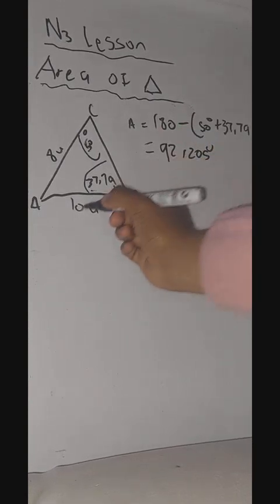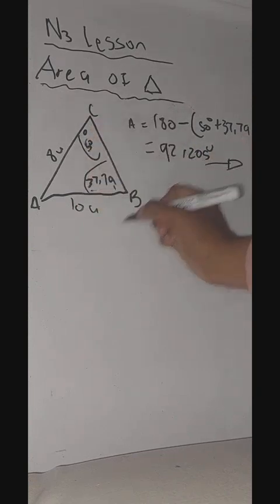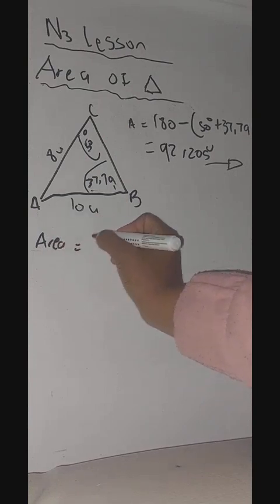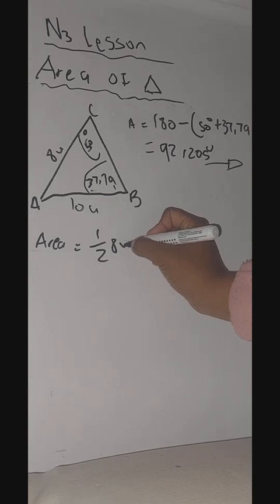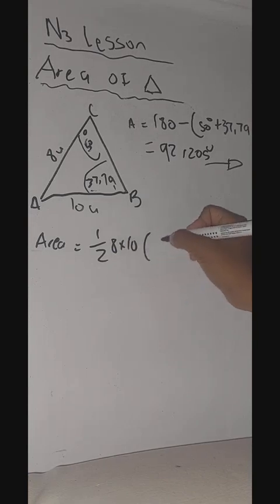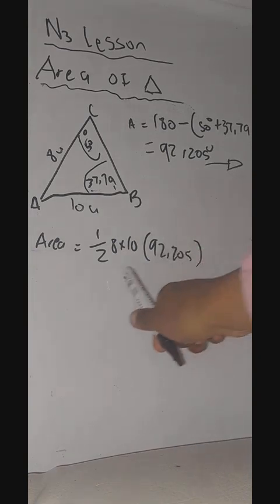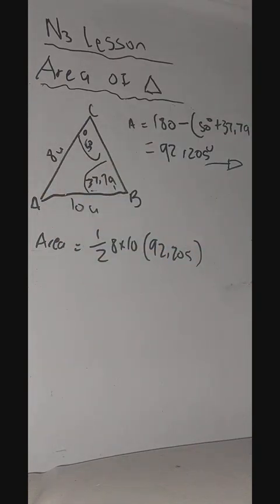So we have angle A, which is 92.205, and therefore the area of this triangle is going to be half times 8 times 10 times sine 92.205 degrees. Remember that, guys.